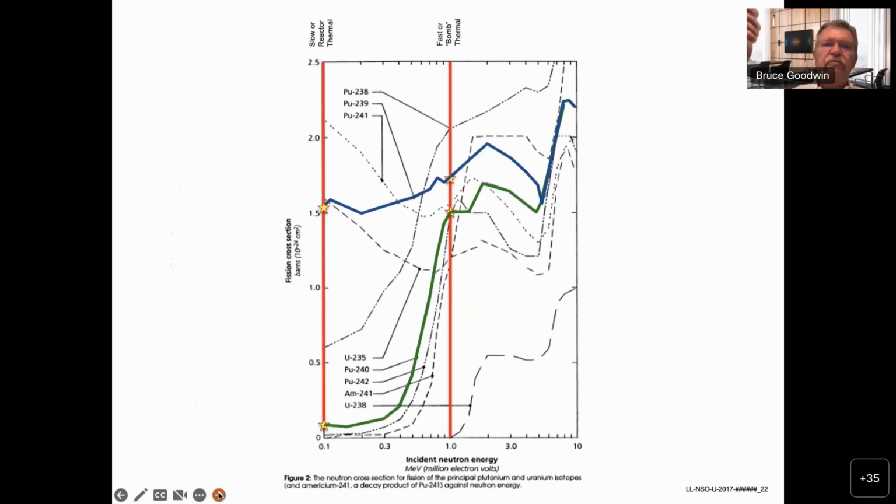And here we have 239, the blue line, which doesn't care particularly. It's a little bit better at fast neutrons than slow neutrons. But notice 240, 242, americium-241 all have almost no reactivity for slow neutrons, but they all are comparable to, and in some cases better than, 239 for fast neutrons. And this is the difference between the way a reactor works and the way a bomb works.